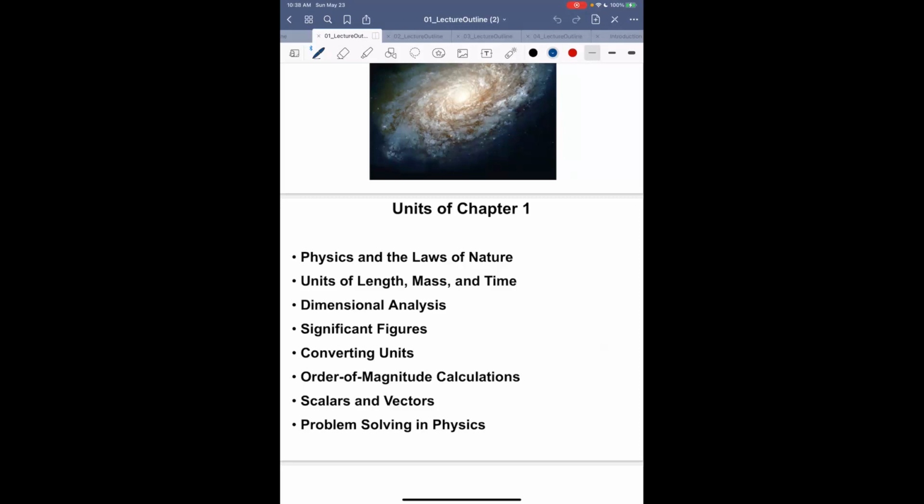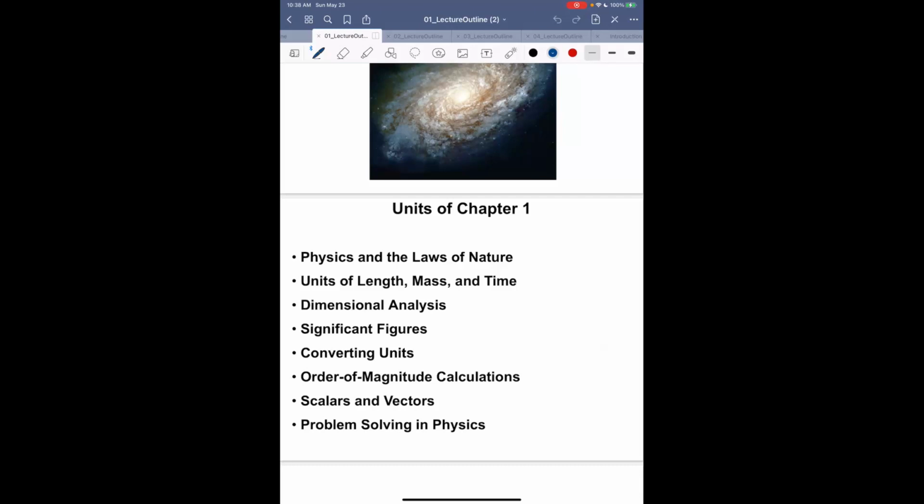We will talk about significant figures, how to convert units, and order of magnitude calculations. The order of magnitude calculations can give us a common sense method of judging our answers.